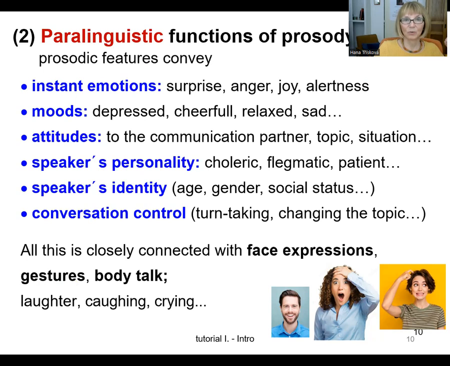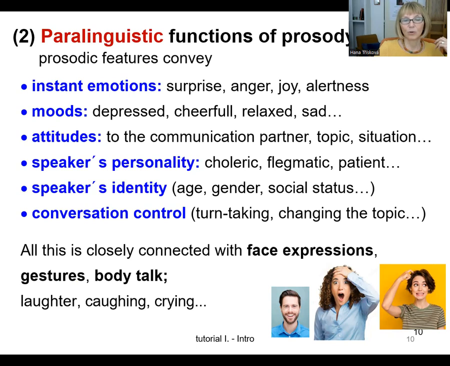Prosodic features also may tell us something about speaker's identity, his or her age, gender, or social status, and they are a very efficient tool in conversation control. They help in turn taking or in changing the topic. All this is very closely connected with face expressions, gestures, and body talk.